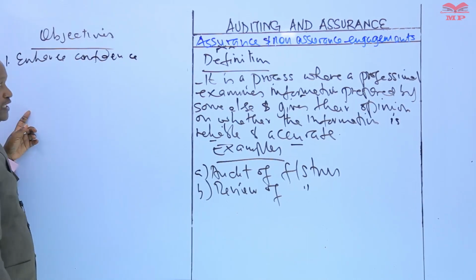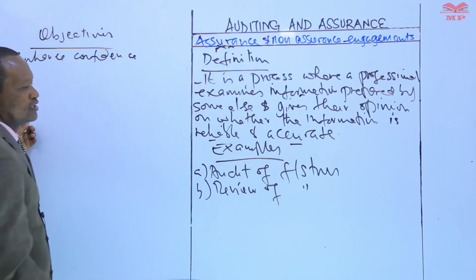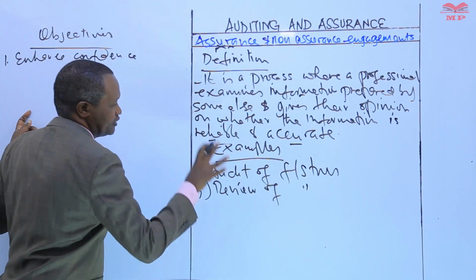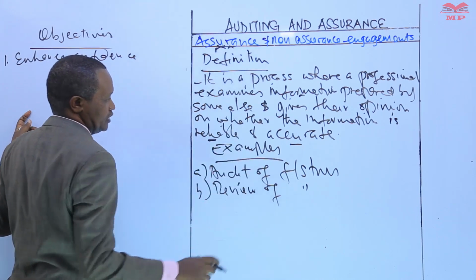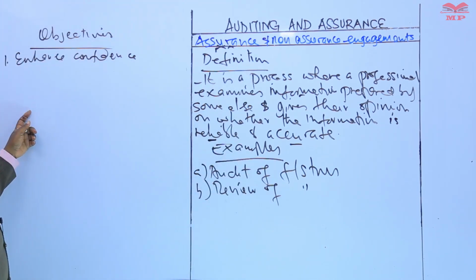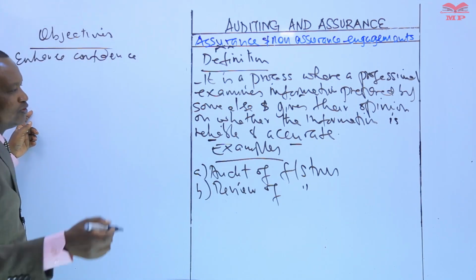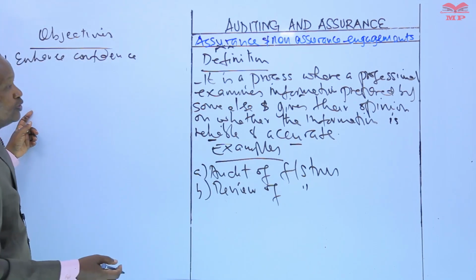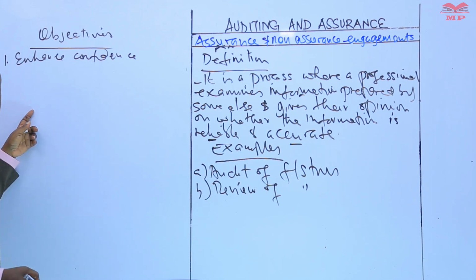Assurance is confidence. It is to assure the users that this information that has been presented by the management is reliable and accurate, or it is not reliable, it is not accurate. Okay? Because that opinion can be negative or positive.